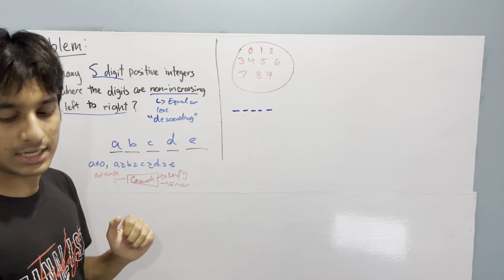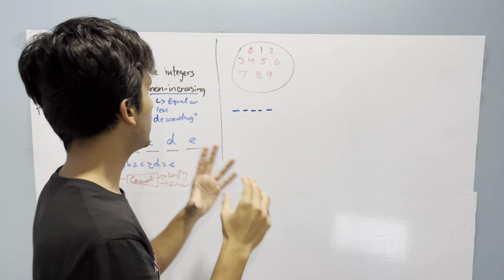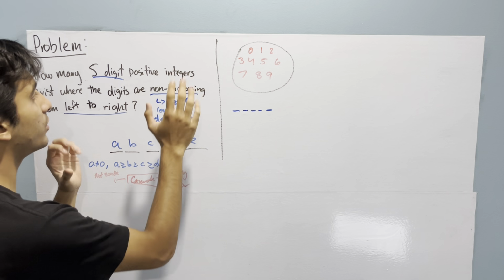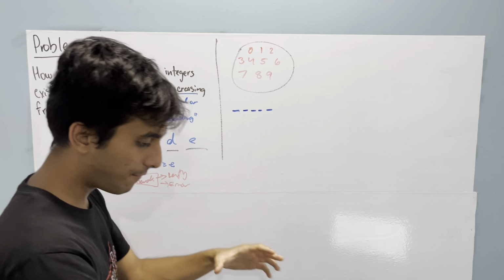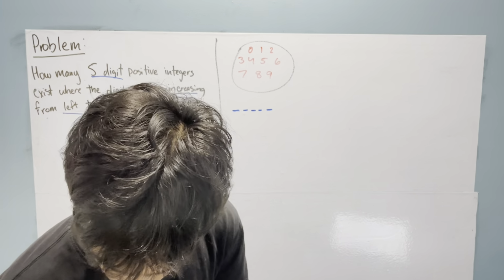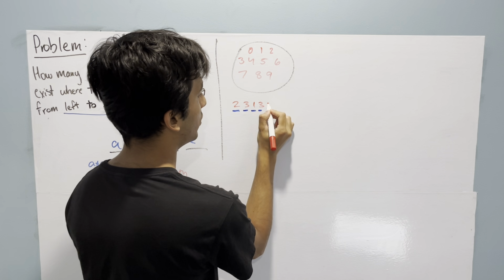But the key insight that I want to say is, what if the digits are not ordered? Because we're trying to find a way to devise the properties of this non-increasing 5-digit integer. Instead of ordering the digits, what if I consider them as a set? Here's what I mean. So let's say the digits are 2, 3, 1, 3, 7.